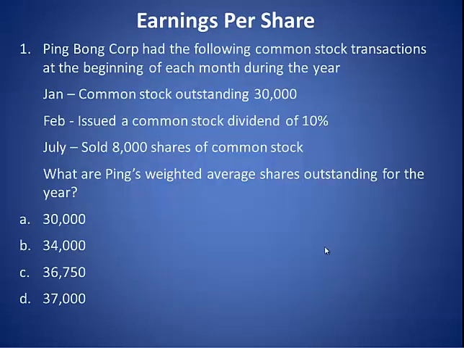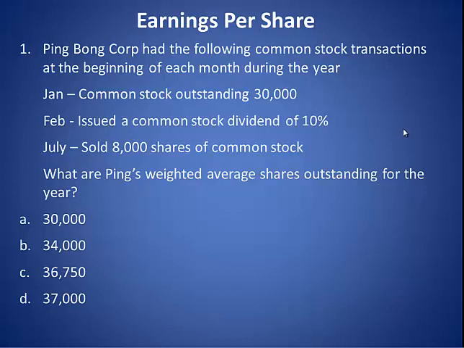Okay, here's a question on weighted average shares. Ping Bong Corp had the following common stock transactions at the beginning of each month during the year. In January, we had common stock outstanding of 30,000 shares. In February, there was a common stock dividend.